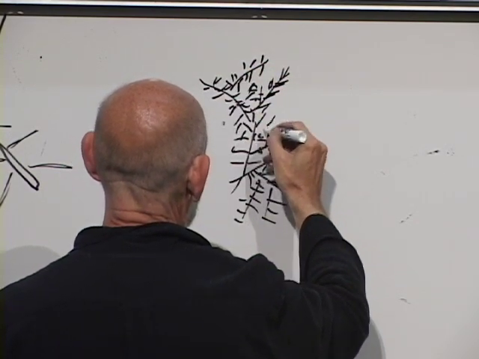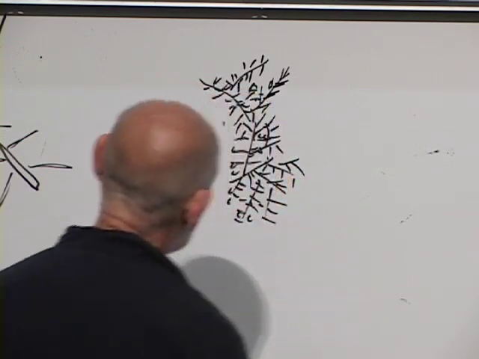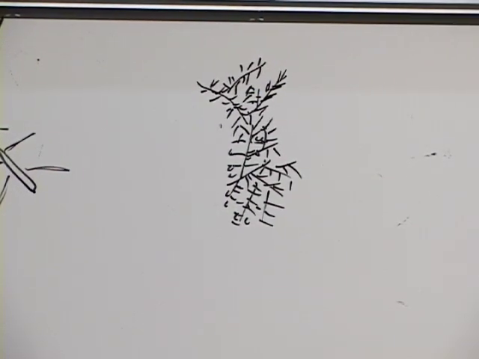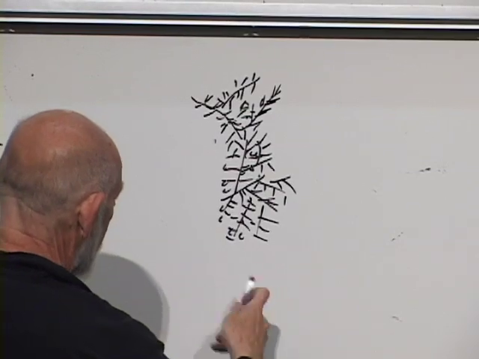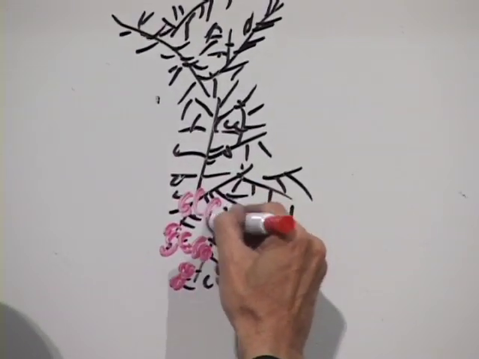The coarse graining blobs are too big to distinguish between the different branches of this fractal. And so what happens when you coarse grain it is that it gets much bigger.